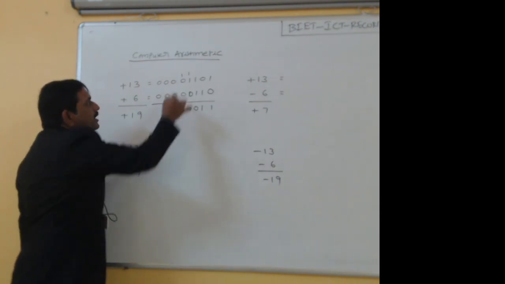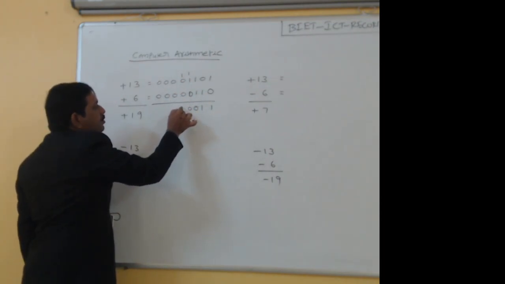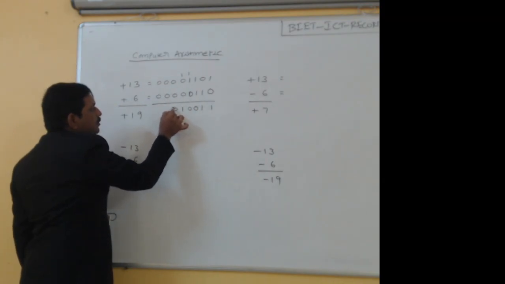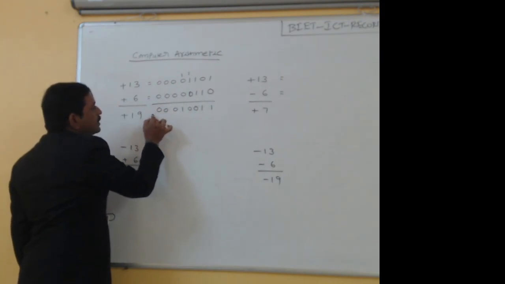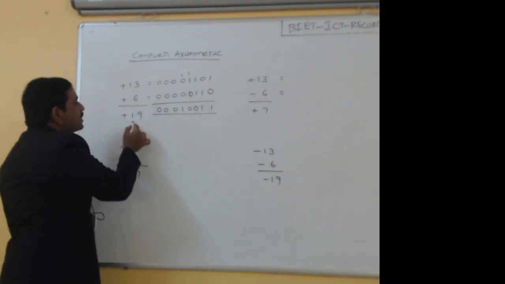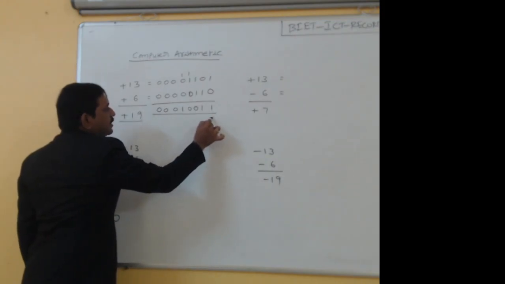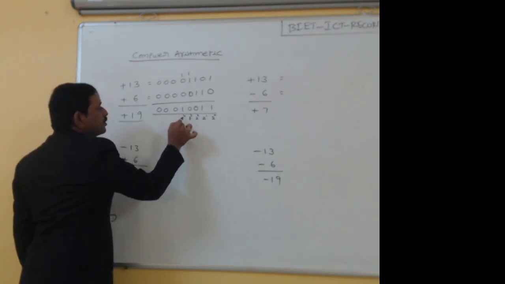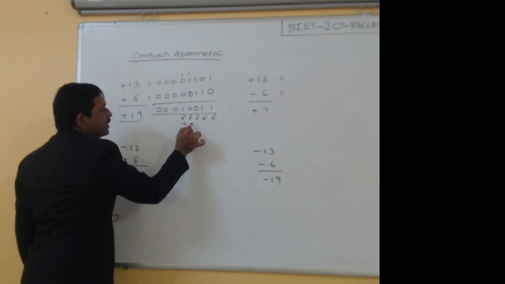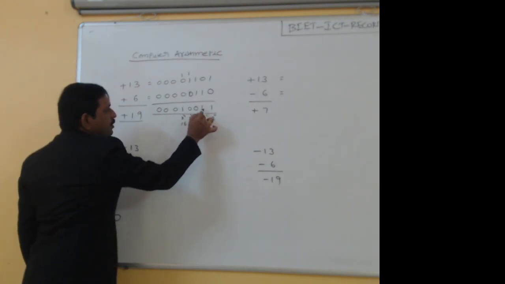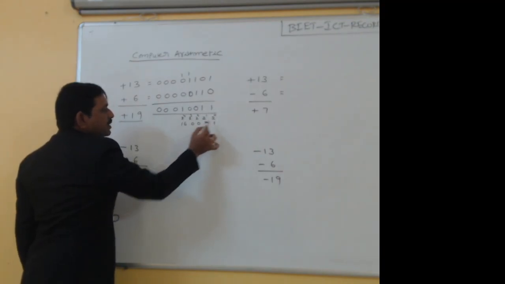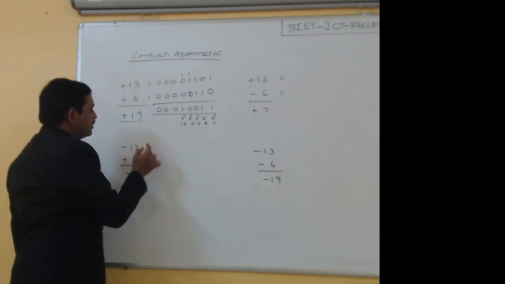Then again 1 plus 0 plus 0 equals 1, giving 00010011. This value is equivalent to plus 19, that is 2 power 0, 2 power 1, 2 squared, 2 cubed, 2 power 4 which is 16. So 16 plus 2 plus 1 equals 19.